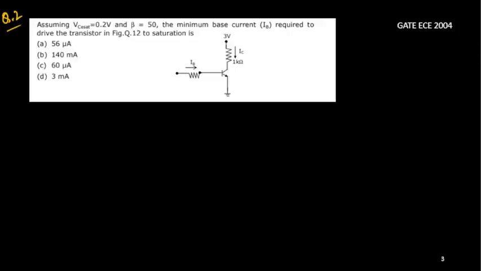This is our problem number 2. Here the circuit is given, with one NPN transistor. This is the base side, and the collector resistance is given as 1 kilo ohm.